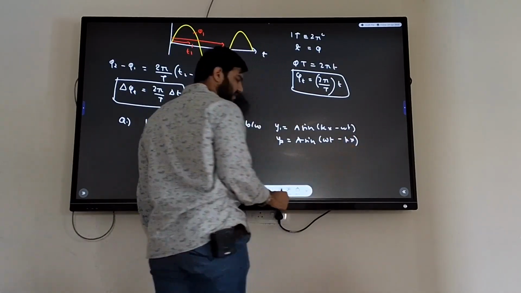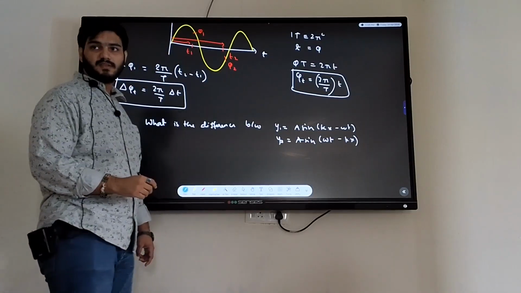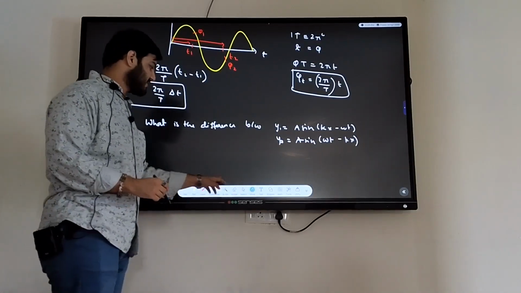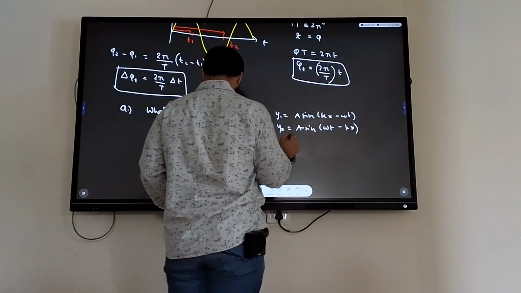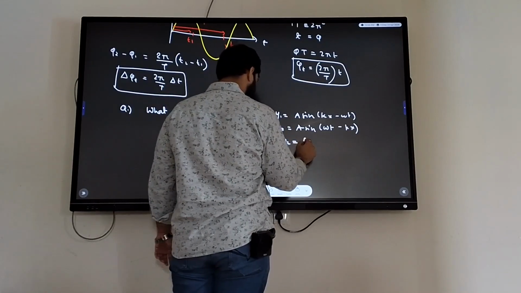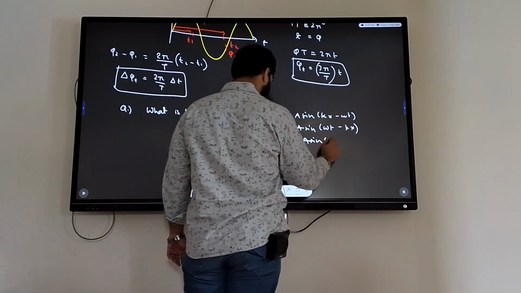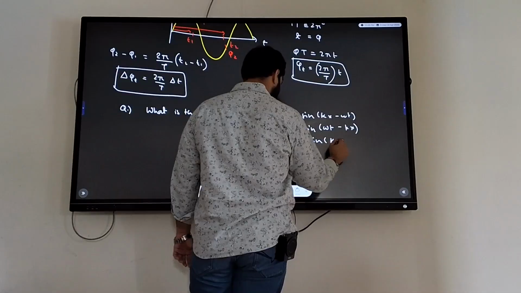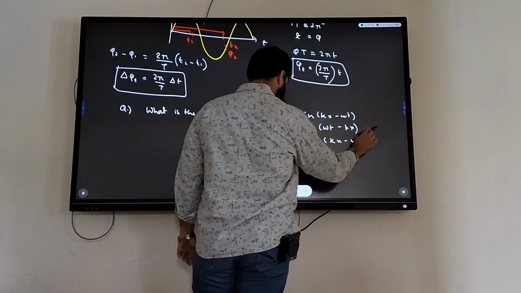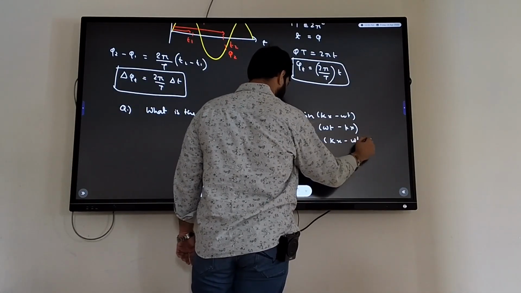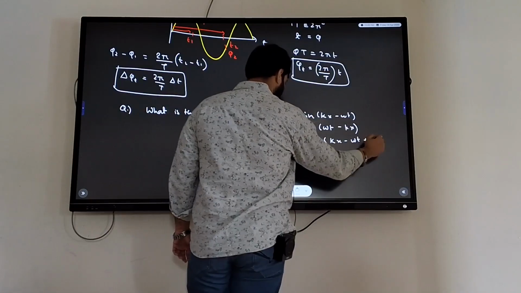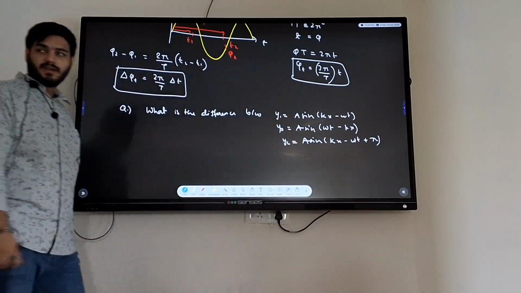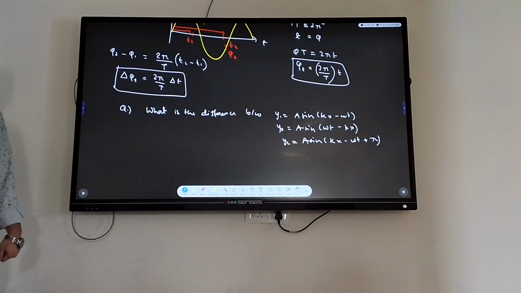What did we find the thing to be? The difference is pi radian. Phase difference pi. And then I said this is omega t, and this is kx minus omega t plus pi. Correct? So that's a phase difference.